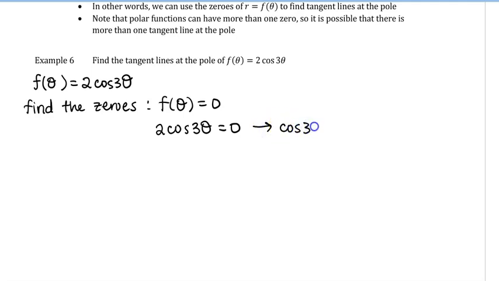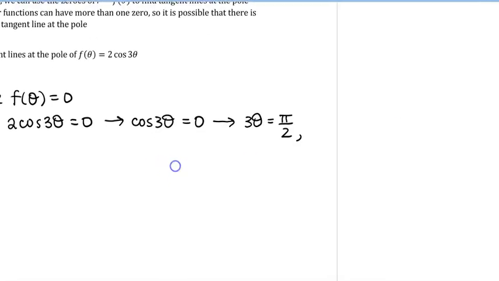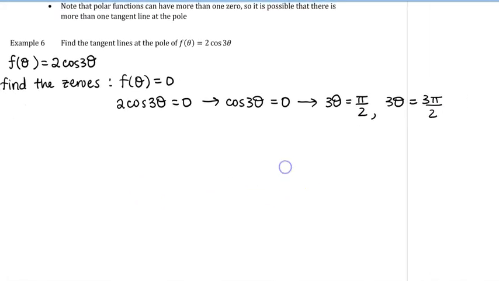I'm looking for the angles where cosine 3 theta is equal to 0. Well, I know that cosine is equal to 0 at pi over 2 and 3 pi over 2. So I'm looking for where 3 theta is equal to pi over 2 or 3 pi over 2. Which would give me that theta is equal to pi over 6, or pi over 2.